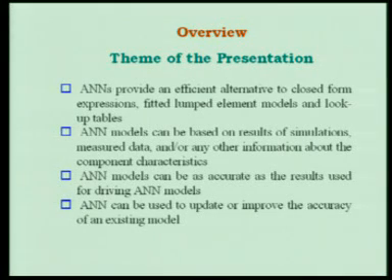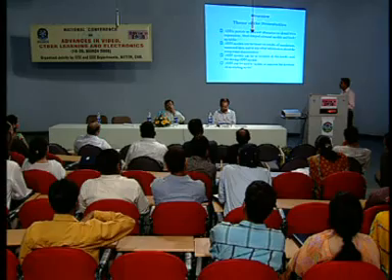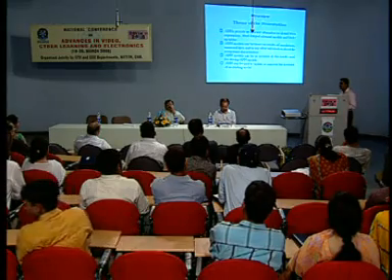These are some of the advantages of using soft computing techniques, or specifically neural network techniques: it gives an alternative to closed form expressions. If for some specific problem you are not able to find a closed form solution, then this technique can give you a solution.